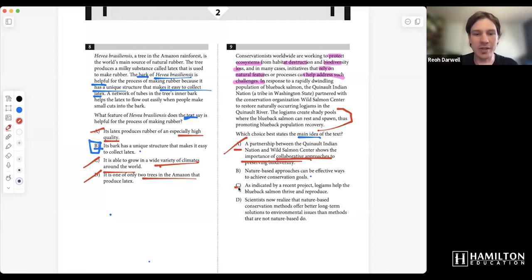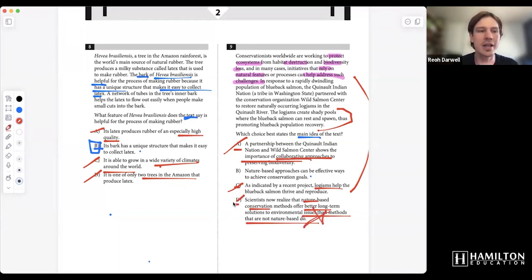C, similarly, is true in the passage. C certainly helps salmon thrive and reproduce. Log jams are able to do that. But this is an example of the main claim, not the main claim itself. Now, finally, D. Nature-based conservation methods are good, but do they make this comparison in the text?